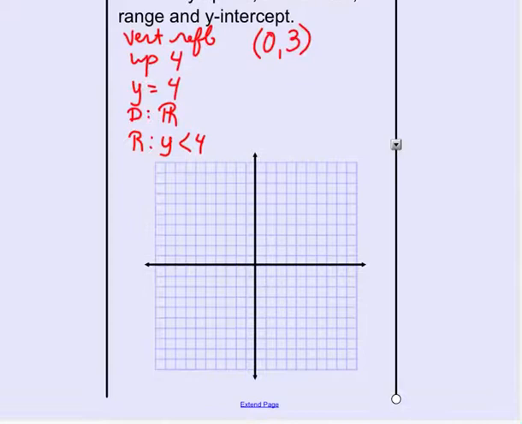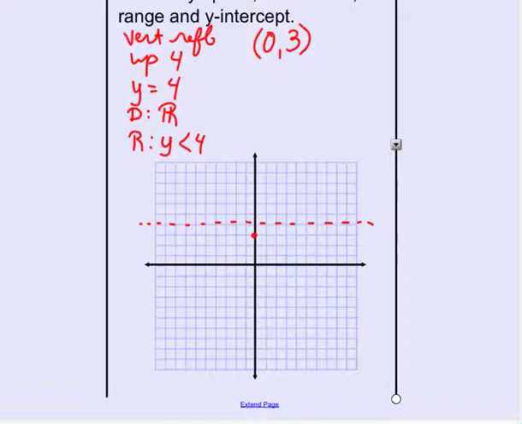All right, so now what we're going to be doing is actually sketching these graphs. It's not going to be real precise. We're not going to make a t-table. I want you to think about the asymptote, think about the intercept, and think about, in this case, the reflection to get an idea or a sketch of what the function looks like. So I'm going to plot my y-intercept. I'm going to do a dotted line for my asymptote.